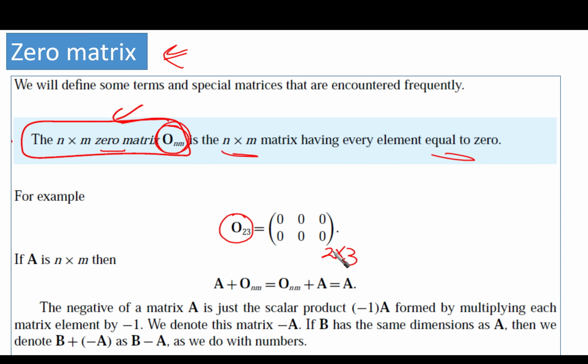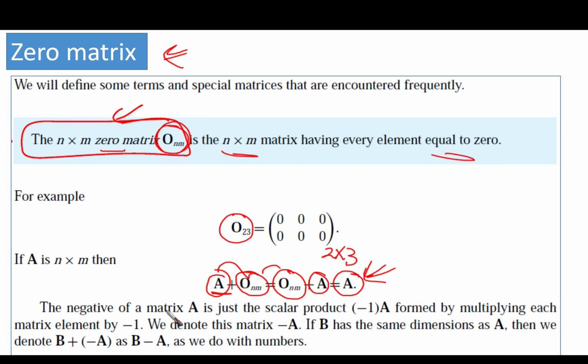This means that all the elements are 0. And if A is n by m, then A plus the zero matrix would equal the zero matrix plus A, because addition is commutative, so no problem here. They are going to give us at the end the same matrix exactly, which is A.